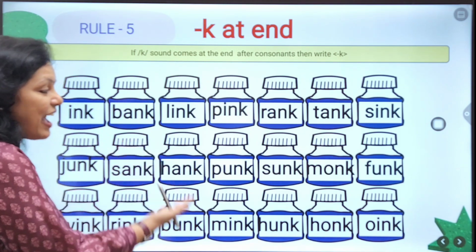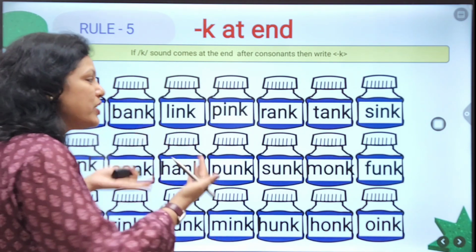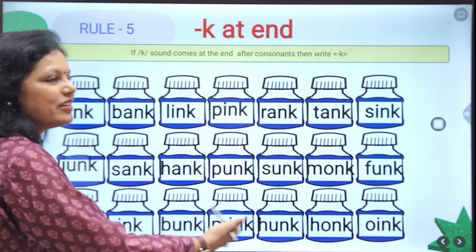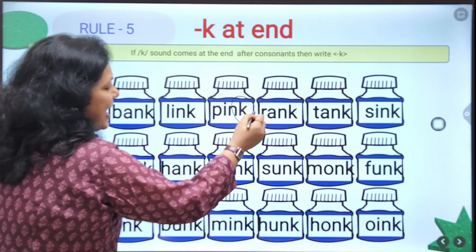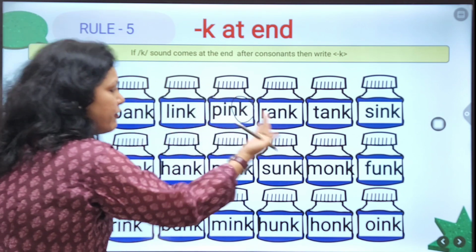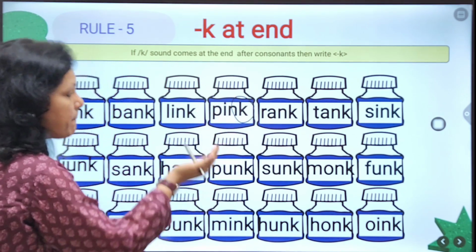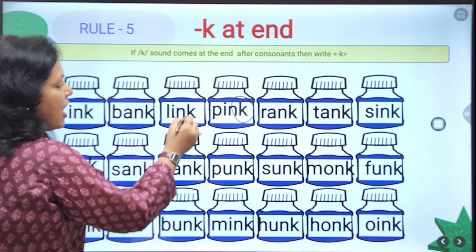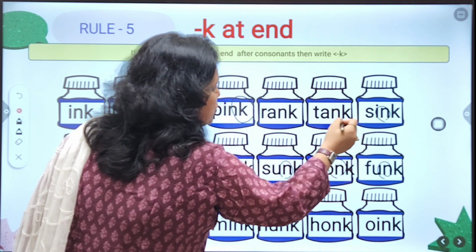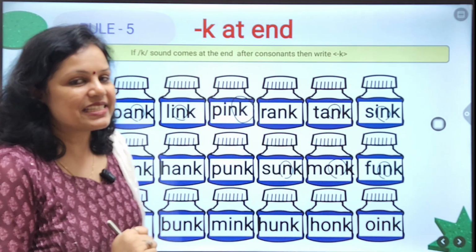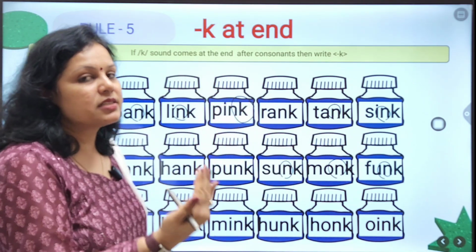Ta-da! Here I have taken ink pots in which I have written all the words ending with the letter K. But if you see, all the letters before the letter K are N. Right? So here we need to identify which letter is coming before the K sound.